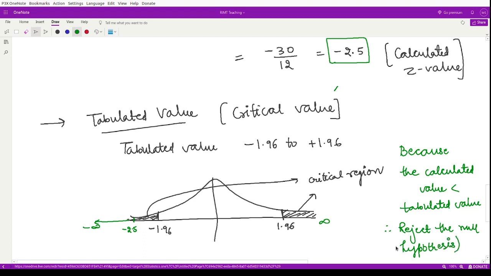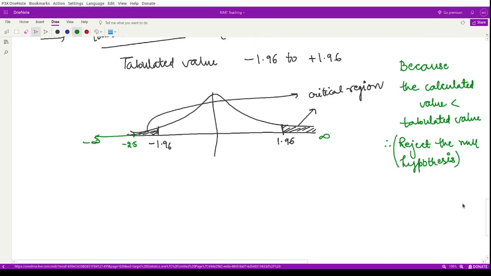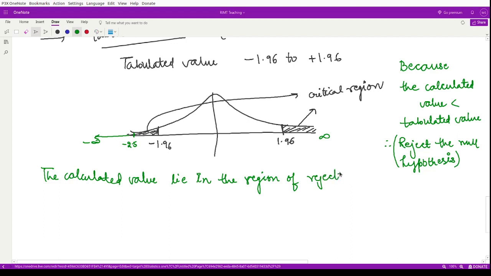Or in other words, you may also say that the calculated value lies in the region of rejection. So therefore we reject our null hypothesis.